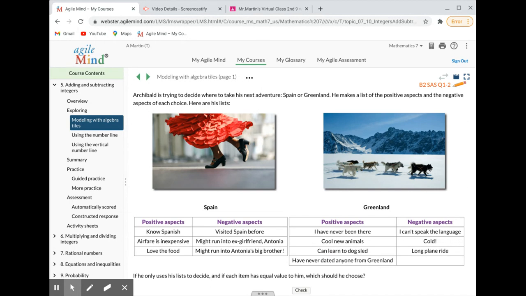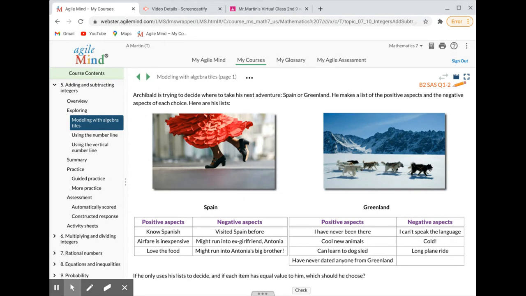So, on page 137 in your workbook, how could I model the number 4 with those yellow or red tiles? Remember that the yellow tiles are positive, red tiles are negative. I'm looking for the number of tiles I would need to represent the number 4. Go ahead, Devin. 4 yellow tiles? Correct. We would need 4 yellow tiles.